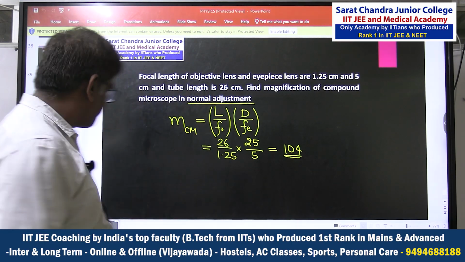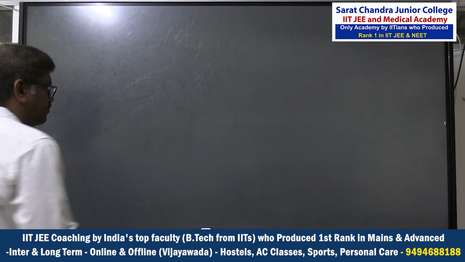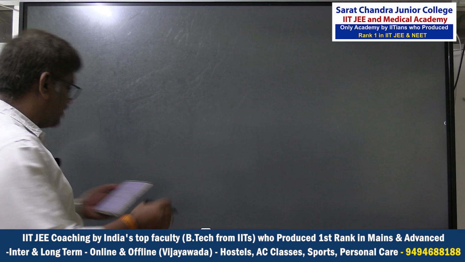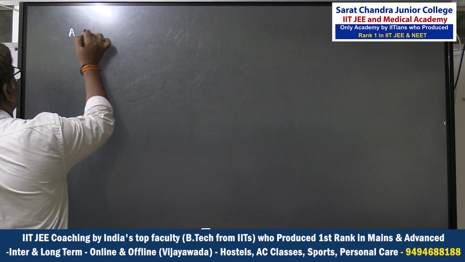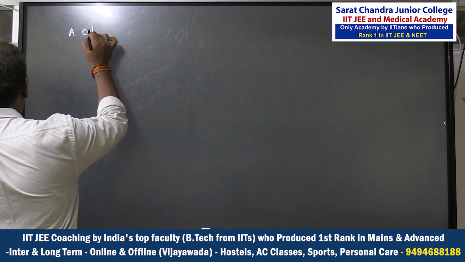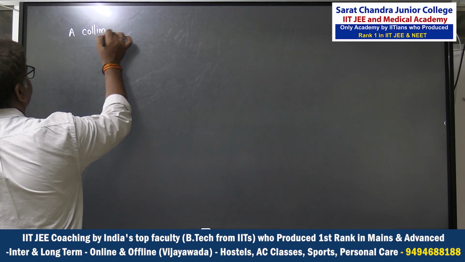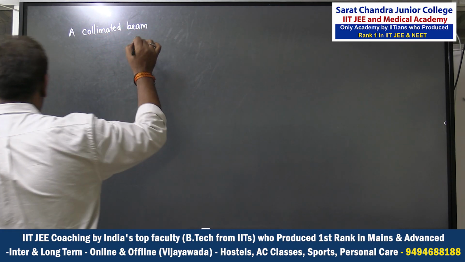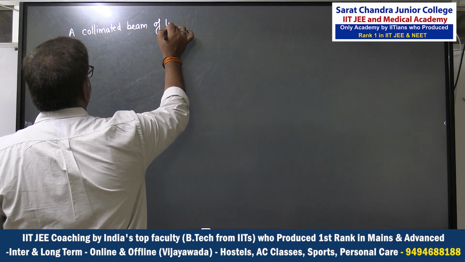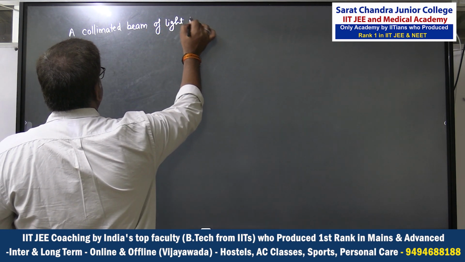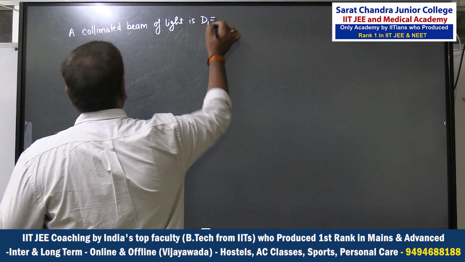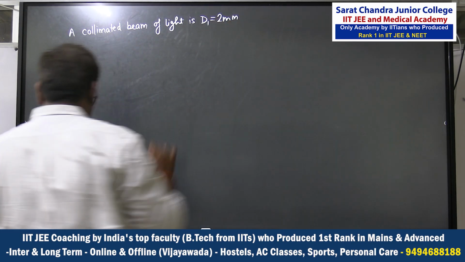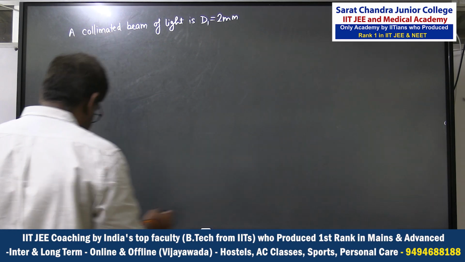One more question I would like to discuss here. A collimated beam of light having diameter D1, 2 millimeter, is propagating along the x-axis. Okay, let me make the diagram.